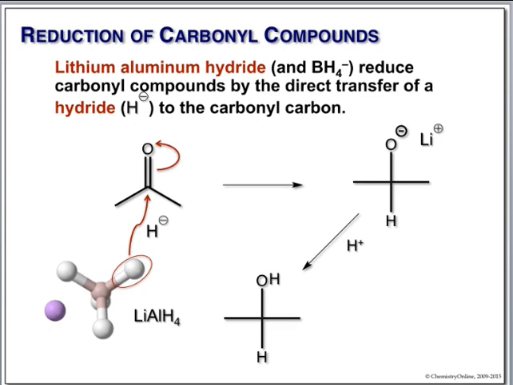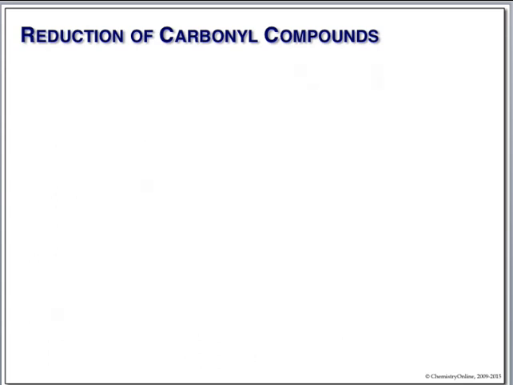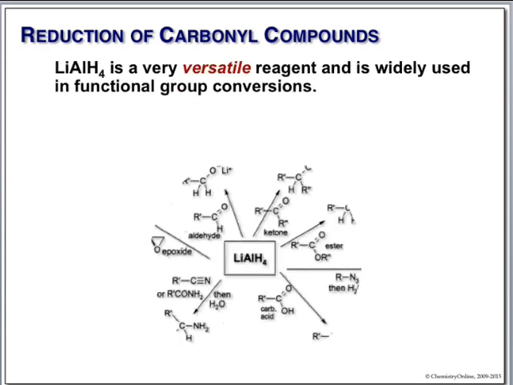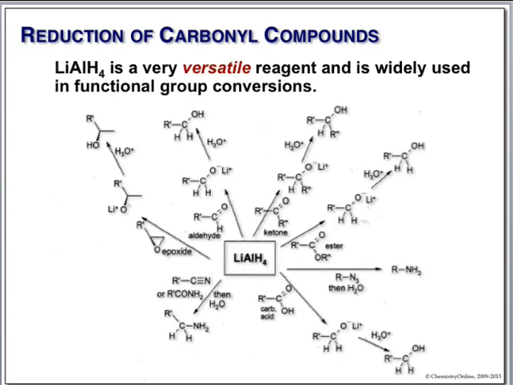Lithium aluminum hydride is a very, very powerful reducing agent. This is a reduction as opposed to an oxidation. And there's a myriad of reactions that you will learn in 235.